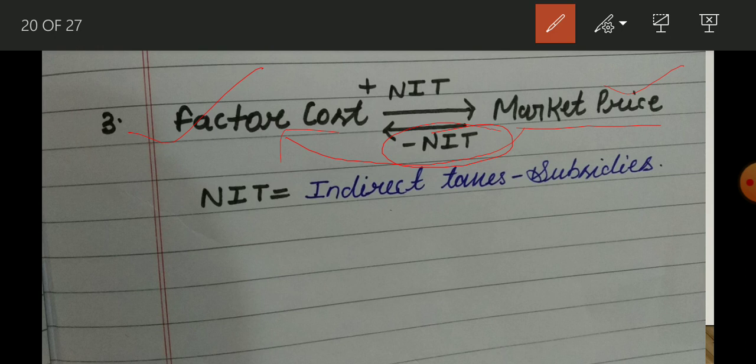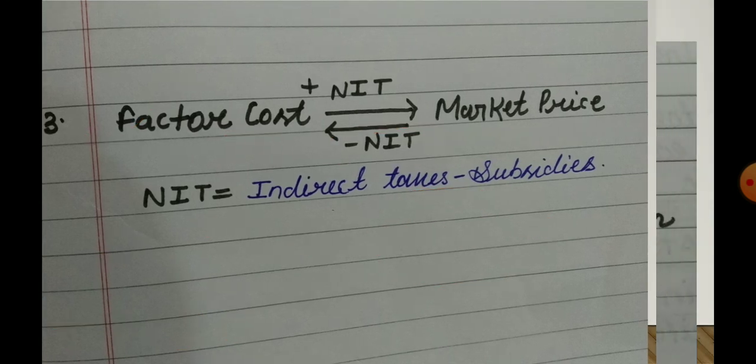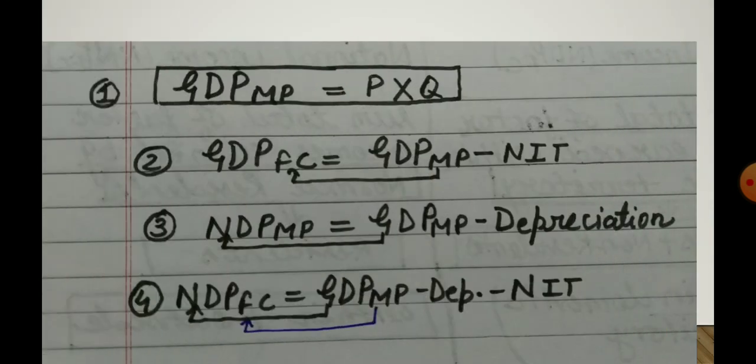So if FC is given and you have to find MP, then you have to add NIT.